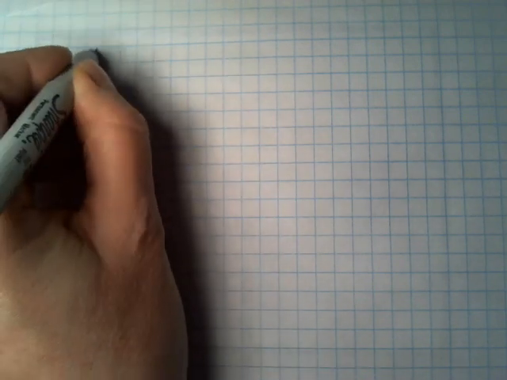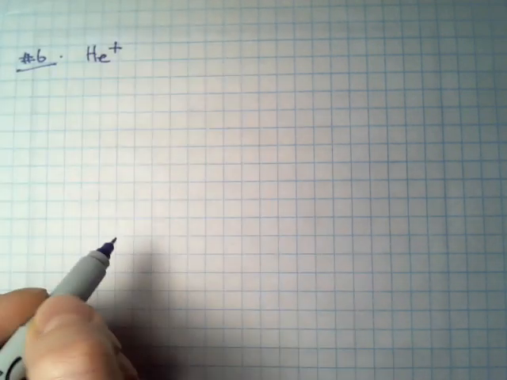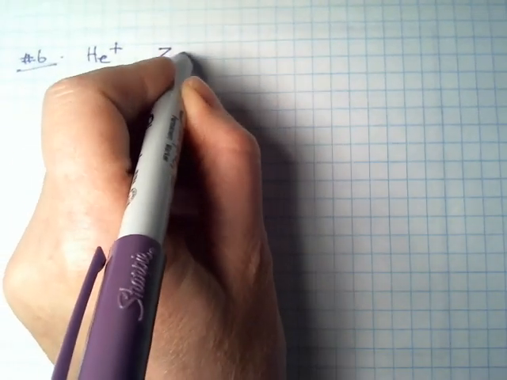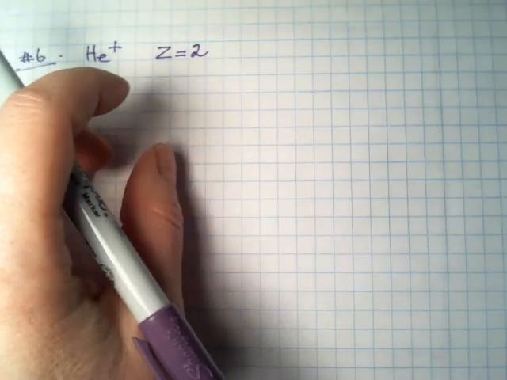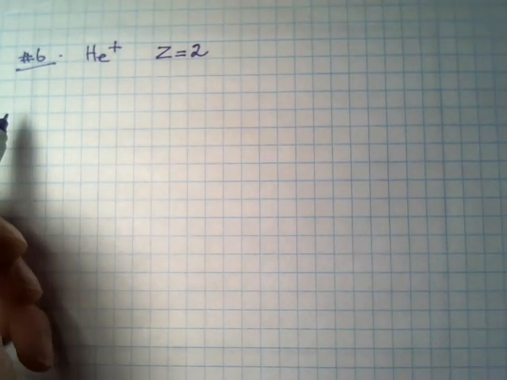Okay, well, let's actually do this so you see how it all pans out. First of all, it's a helium plus ion, and therefore, before I forget, we'll just write down that Z is 2. And let's make sure we're clear on what is happening.